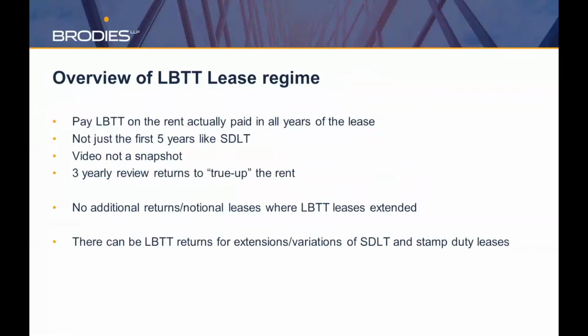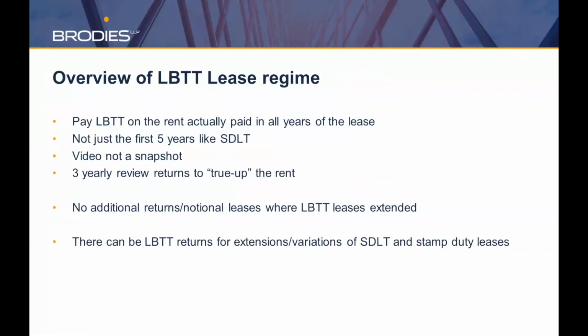So the system that was devised for LBTT was a 3-yearly review system to ensure that the LBTT that you estimated at the beginning of the lease based on the estimated rent gets trued up to the actual rent paid. And the aim of the game is that you pay LBTT on the rent that's actually paid under the lease.